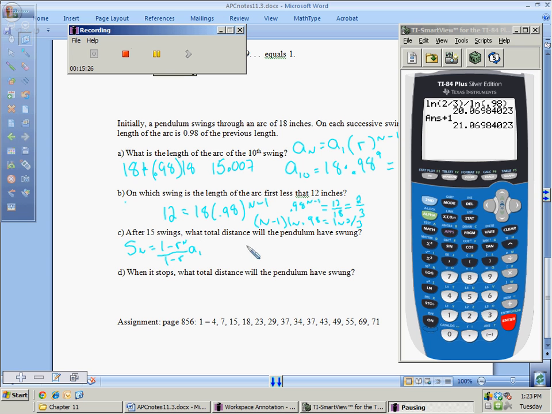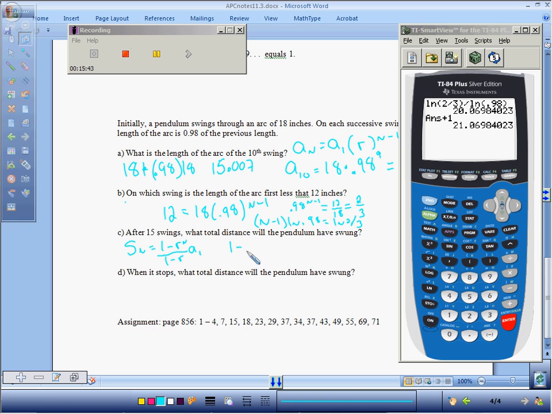So I would go 1 minus 0.98 raised to the 15, because r is 0.98 and n is 15, divided by 1 minus 0.98, which would give 0.02 down there, I believe.